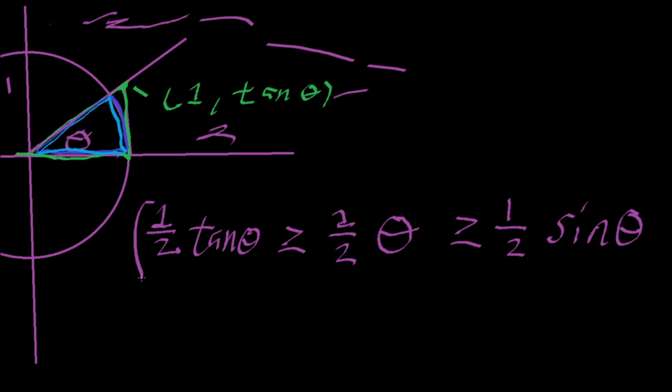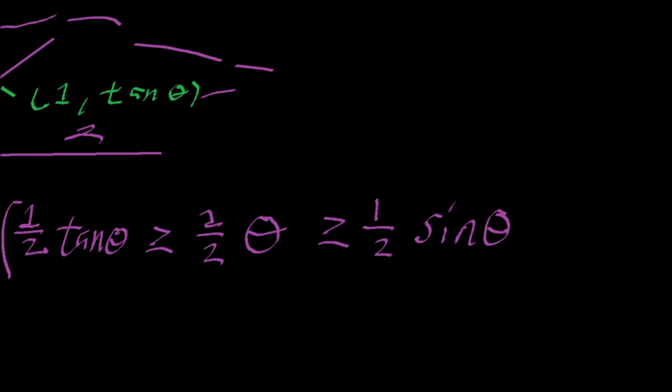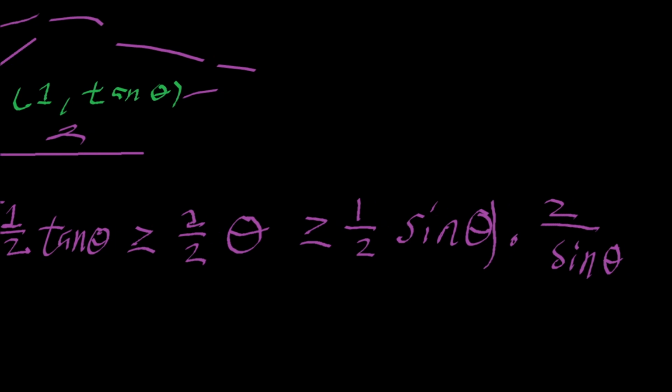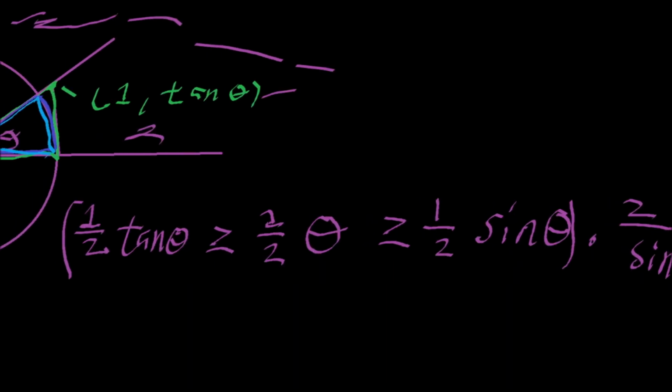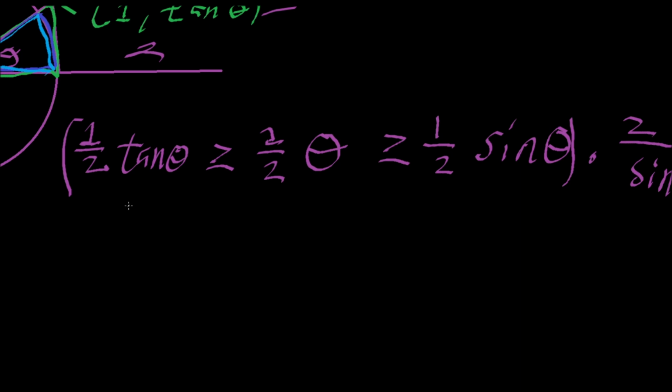Now we can multiply each of these by 2 over sine of this angle, theta, and we see that tangent of theta over sine is just 1 over cosine, and 1/2 times 2 is just 1.